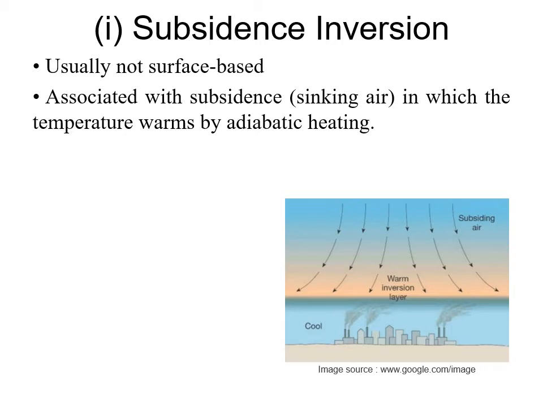Now due to this increase of pressure, adiabatic heating of air occurs. That means, due to the increase in pressure, the gas molecules collide with each other more randomly, thereby producing some amount of energy, and that causes an increase in temperature.